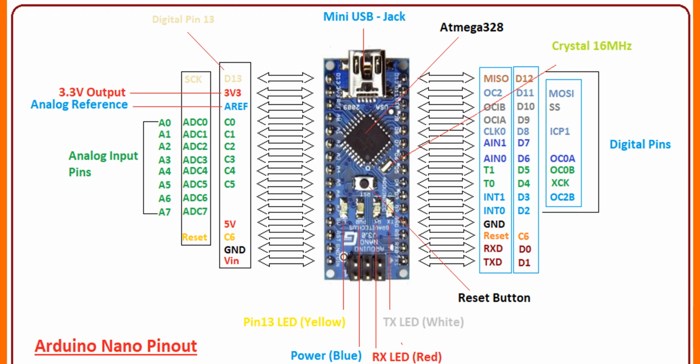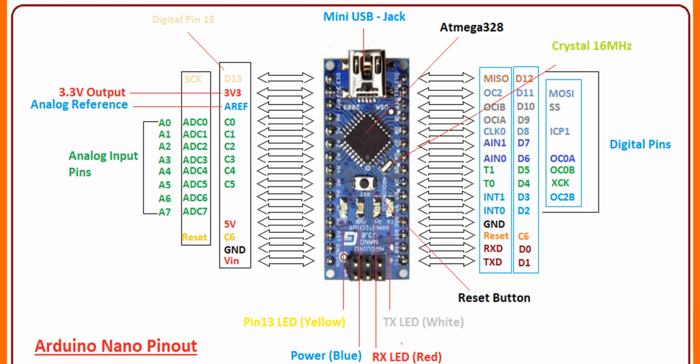Mega 2560 has 54 pins. Leonardo has 20 pins. MKR boards have around 13 pins as well.